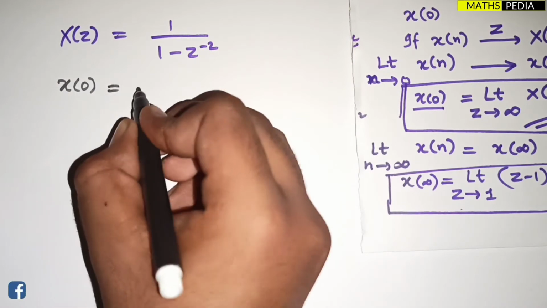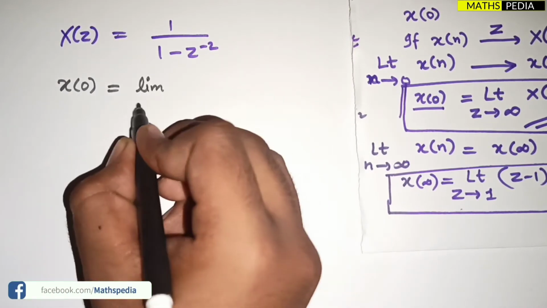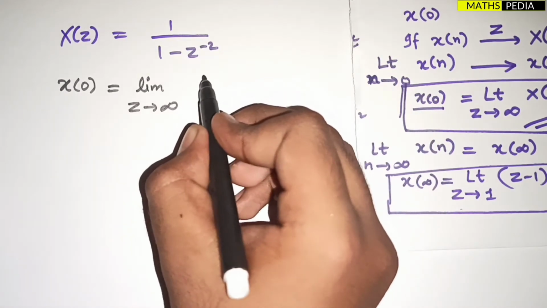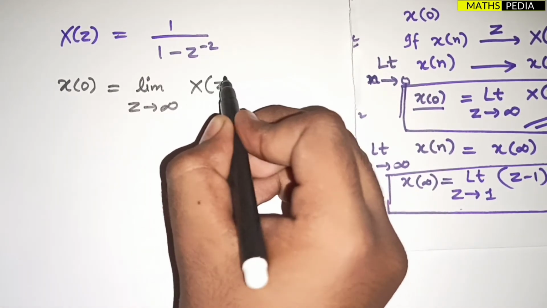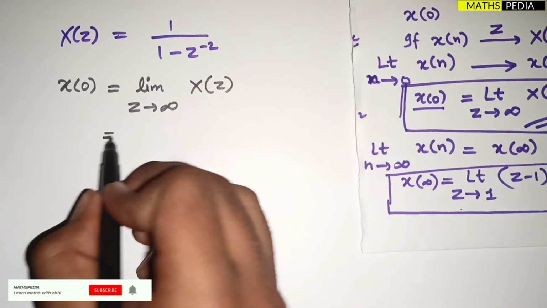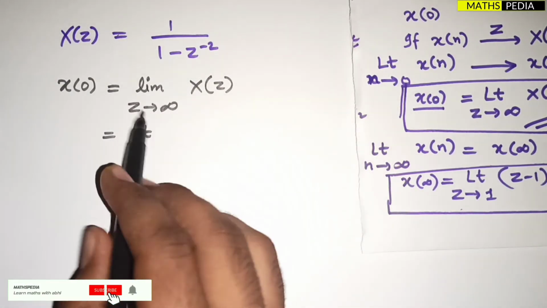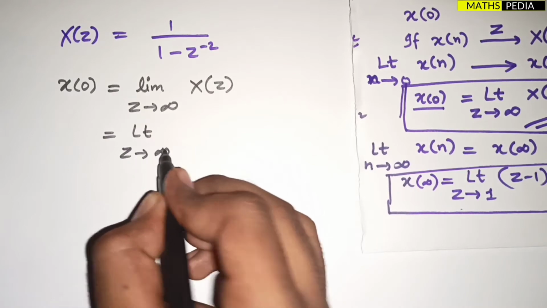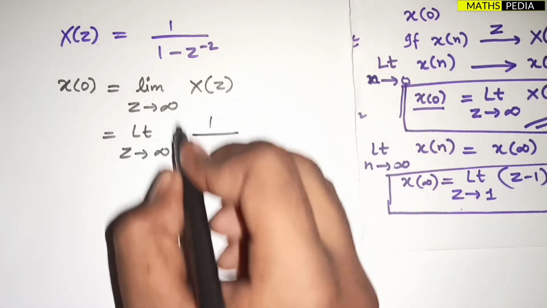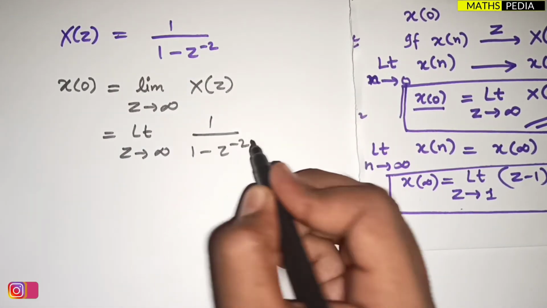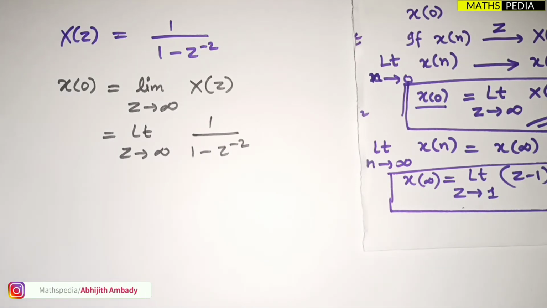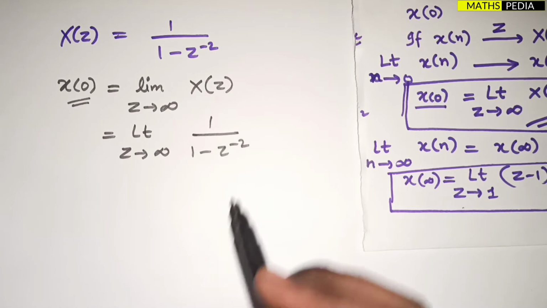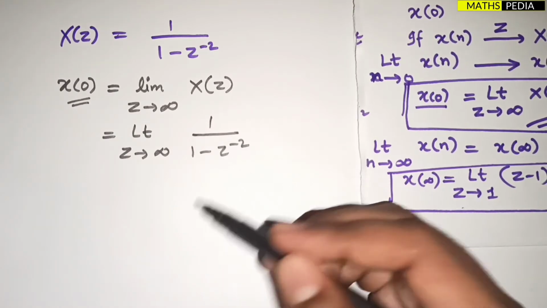So that is equal to limit z tends to infinity, X of z. I'll write X of z first. Limit z tends to infinity, and the X of z value given is 1 by 1 minus z power minus 2. One more thing I should tell you: always remember, when you are finding the initial value, z should be in the form of negative powers.